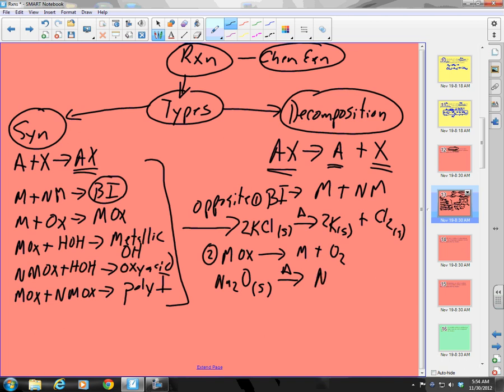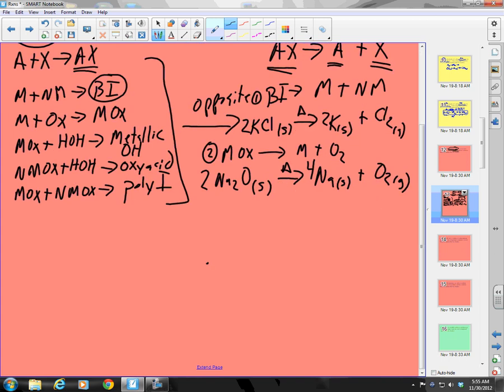I'm going to get sodium solid plus oxygen gas. Oxygen is always diatomic. I need 2 of these, which means I need 4 of these. There we go. Wow, piece of cake. I'm glad I memorized these, because if I memorize these, then I get these for free. This is almost like 2 for 1, right? Wow. Black Friday in chemistry.